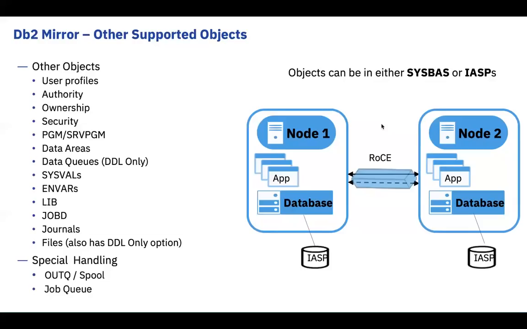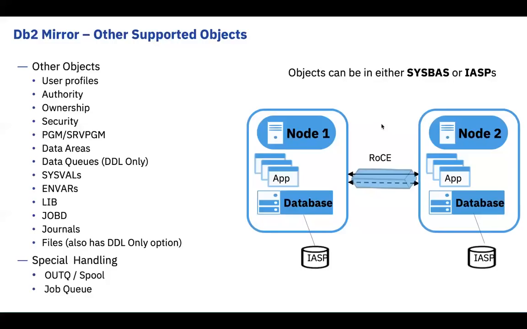So some of the system values will be allowed to be changed, others won't. So you have to sit back and say, does it make sense for the system value to be different on it, or do I want to always keep it in sync? There's things like the CCSIDs and time zones. Those things are always mirrored, and you can't unselect them.